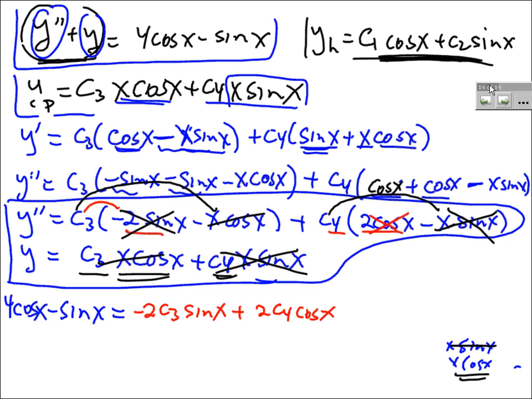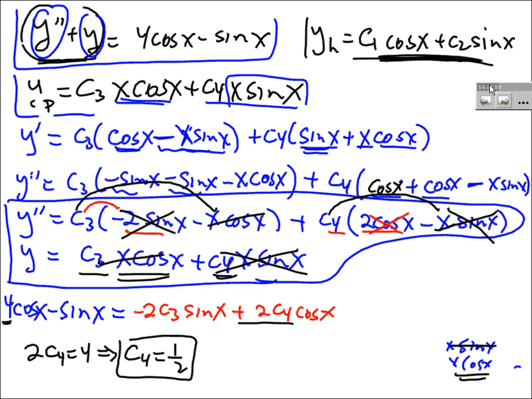Which is nice, because the coefficient of the cosine x's, they must be equal. 2c4 must be 4, which means c4 is a half. And the understood negative 1 must go with the negative 2c3. Negative 1 is negative 2c3, so c3 is a half.